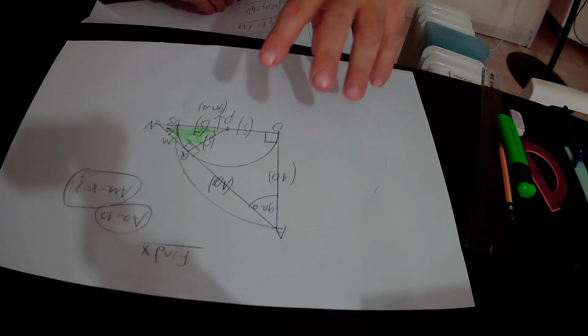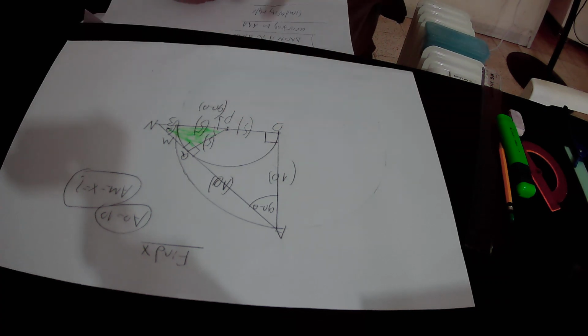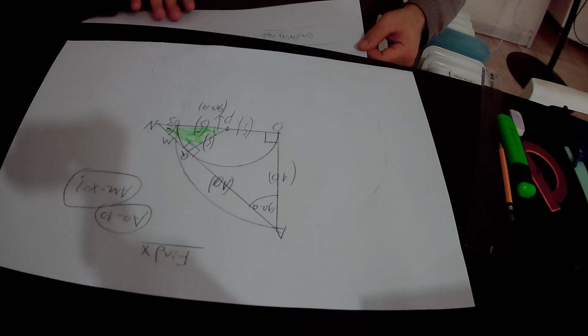And from the fact that the green triangle is similar to the right big triangle AON, we will derive that the following relationship exists between their sides.